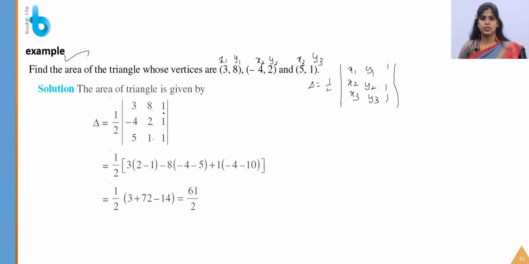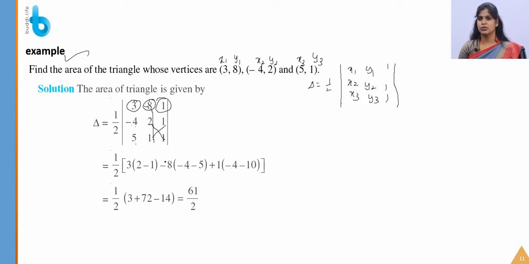In the previous example we learned how to find the determinant, and you would have practiced by now. So finding the determinant: 3 into (2 minus 10) minus 8 into (minus 4 minus 5) plus 1 into (minus 40 minus 10).